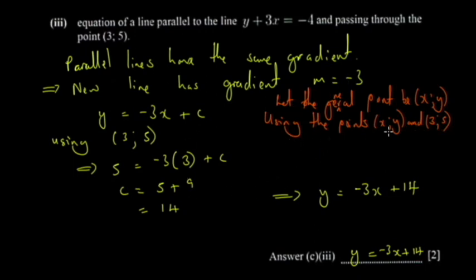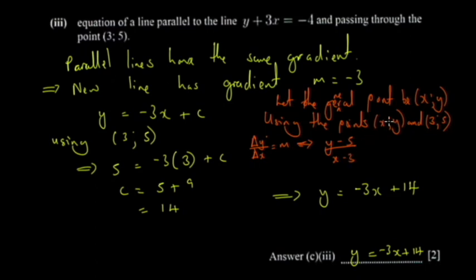So change in y over change in x equals m, which is the gradient. Change in y is y minus 5. Change in x is x minus 3.